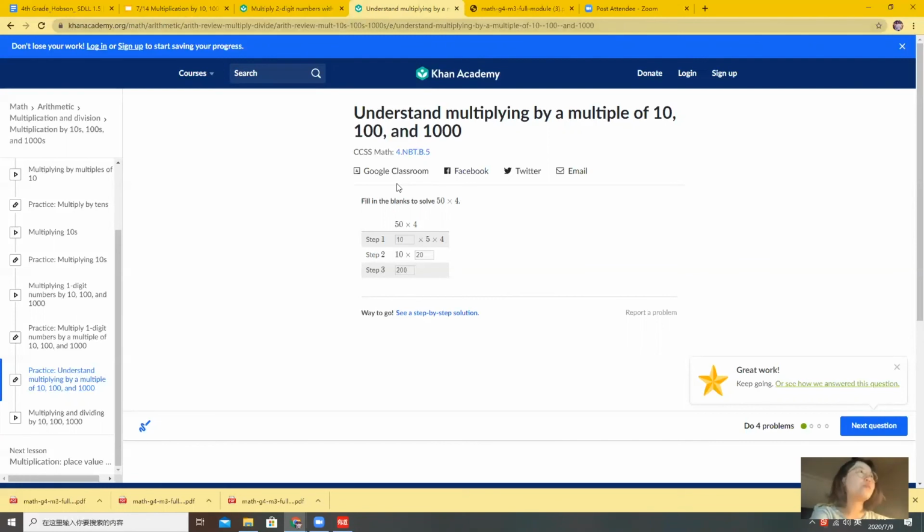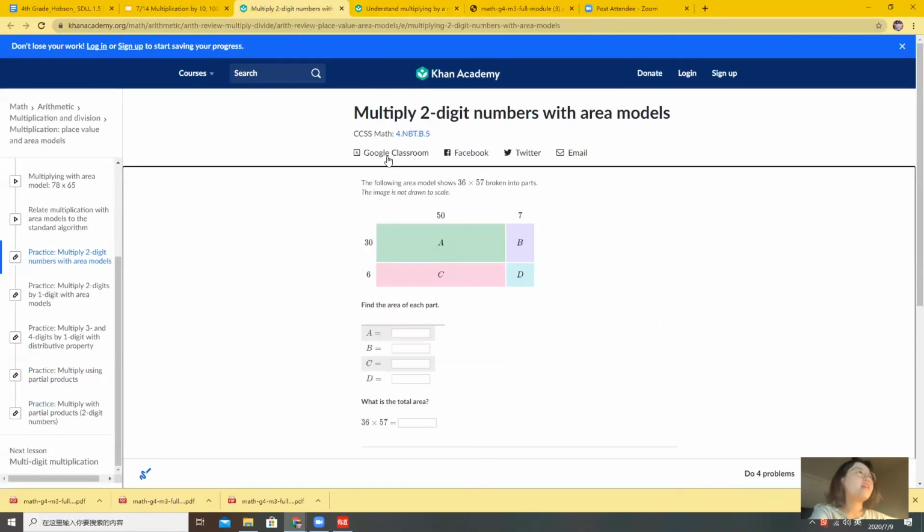Okay, this is just one example. And the second one is multiplying two-digit numbers with area models. It will give you some area models and ask you to solve each area's number. So what is 30 times 50 for area A?